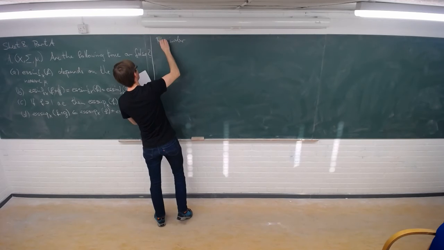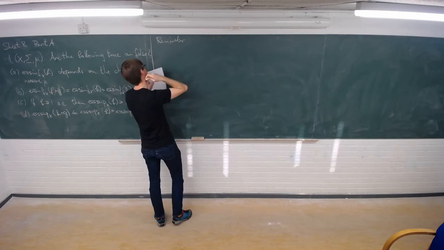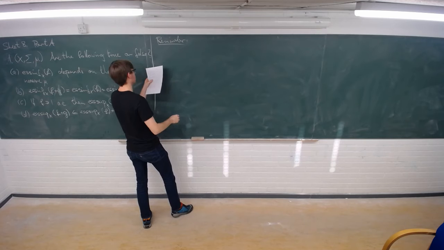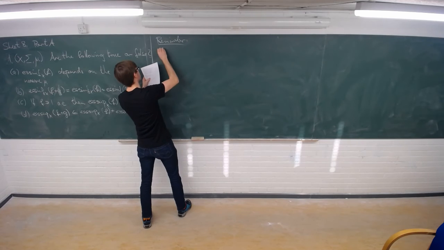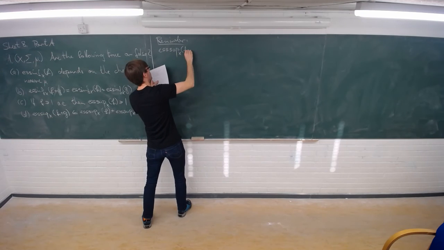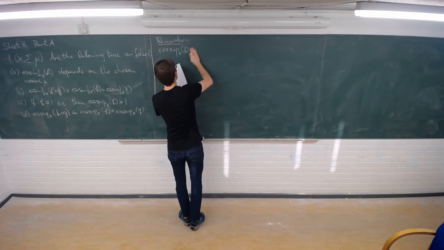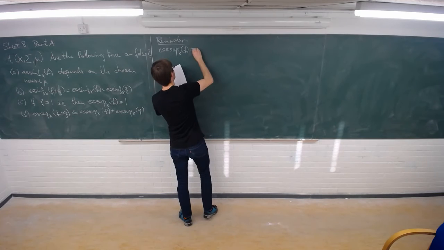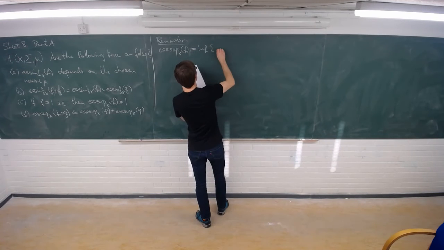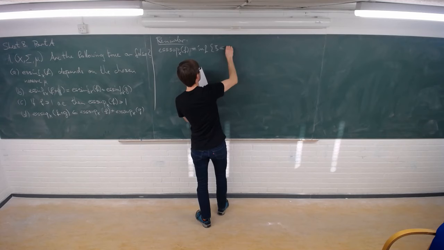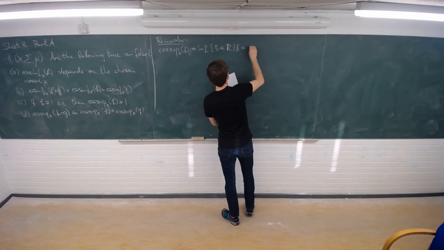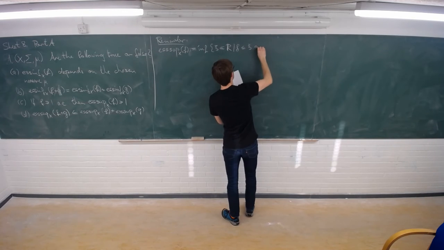And I'll just write down the definitions of essential supremum and essential infimum again, because that's what we're going to be working with. So the essential supremum was defined as the infimum of the set of xi in R such that f is less than or equal to xi almost everywhere.